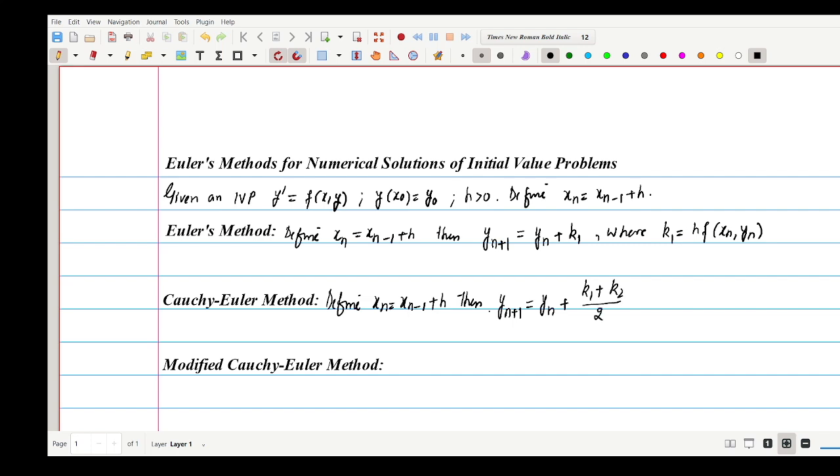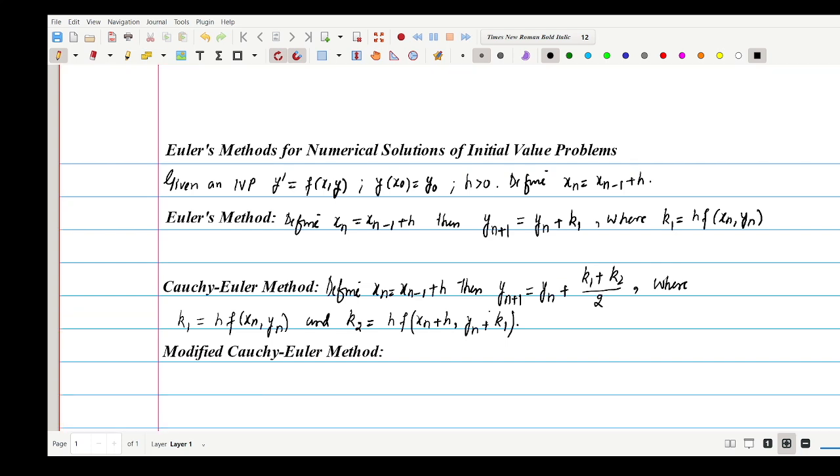So we are using a new quantity k2 here, where k1 is defined as we defined it earlier in Euler's method, k1 = h f(xn, yn), and k2 is defined as h f(xn + h, yn + k1). Therefore the second coordinate of k2 uses the previously calculated k1 also.